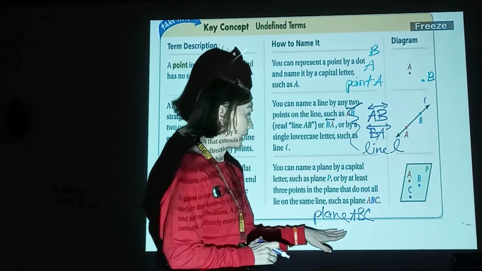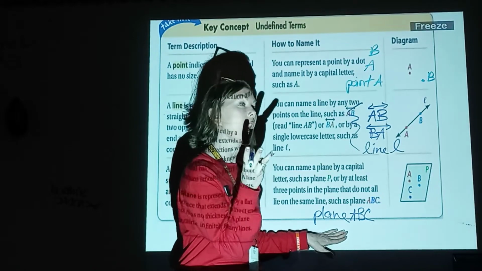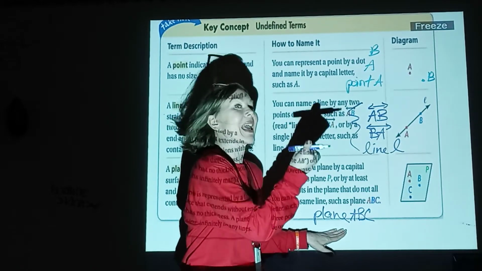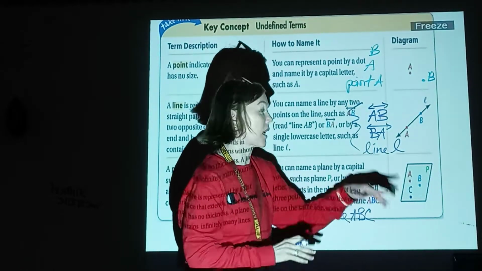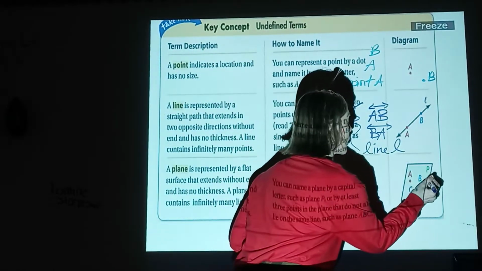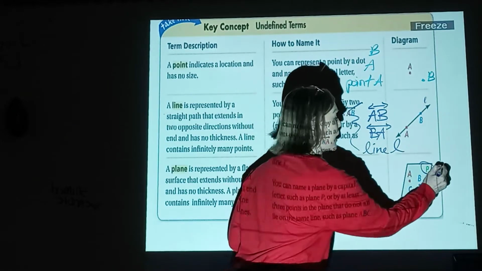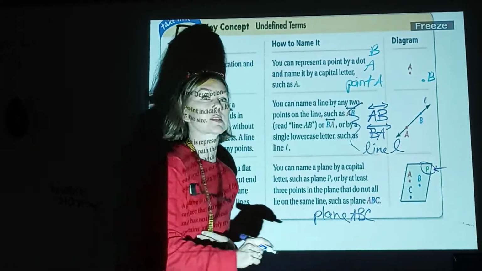So you can call a plane, but you have to use 3 points on the plane to name the plane, okay? So this is plane ABC. Or, notice here, okay, you drew it, so point an arrow to it, because you drew that in your notes.